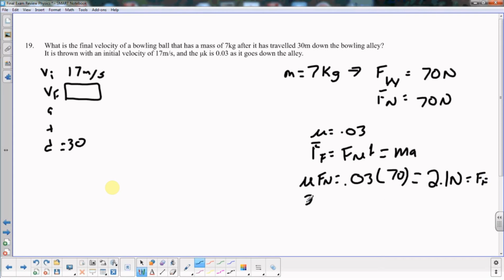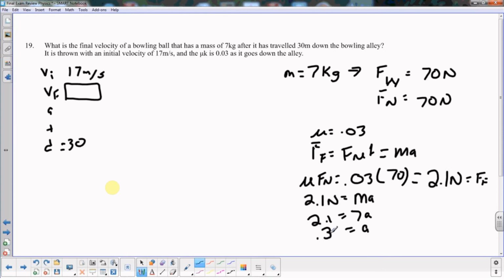2.1 newtons equals my MA, because F net equals MA, and the only thing slowing the ball down, changing the speed, is friction. The bowling ball has a mass of 7, so 2.1 equals 7A, which means the acceleration is 2.1 divided by 7, 0.3.